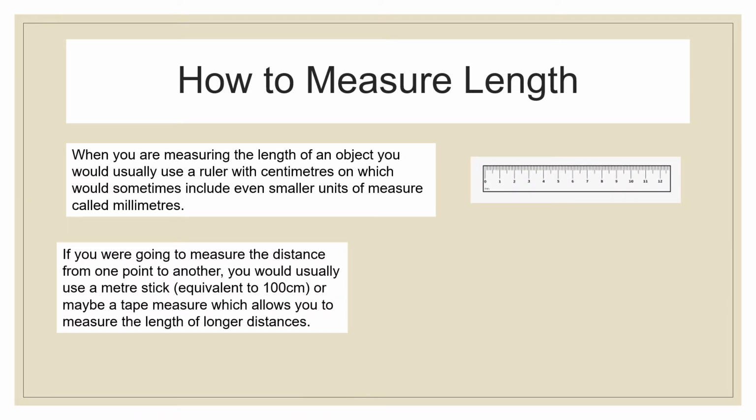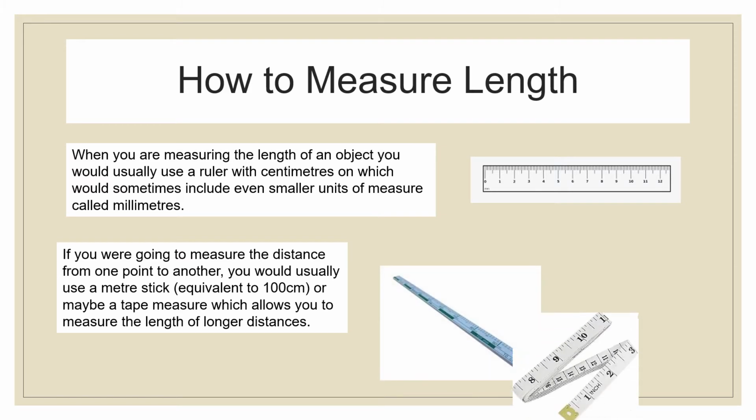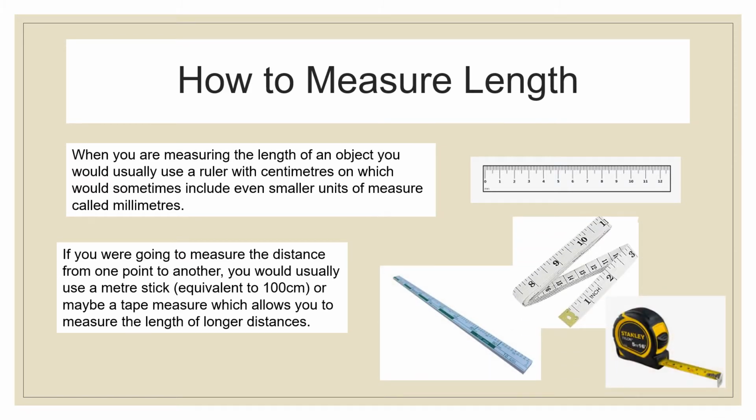If you were going to measure the distance from one point to another, you would usually use a metre stick equivalent to 100 centimetres, or maybe a tape measure, which allows you to measure the length of longer distances. So remember, when measuring length, you either need to use a ruler, a metre stick, or maybe a tape measure.